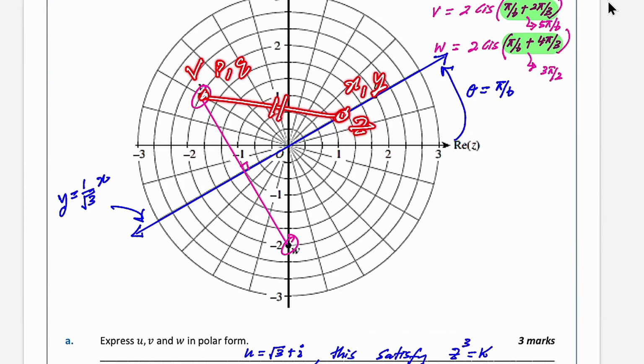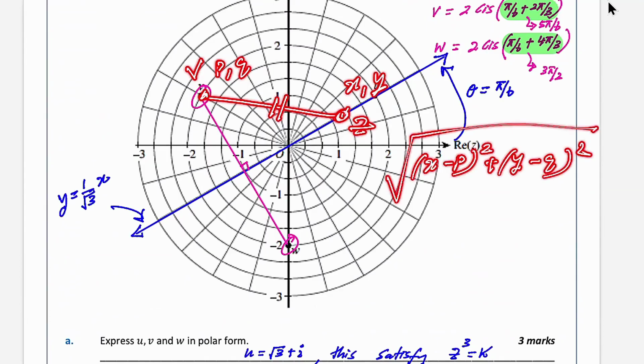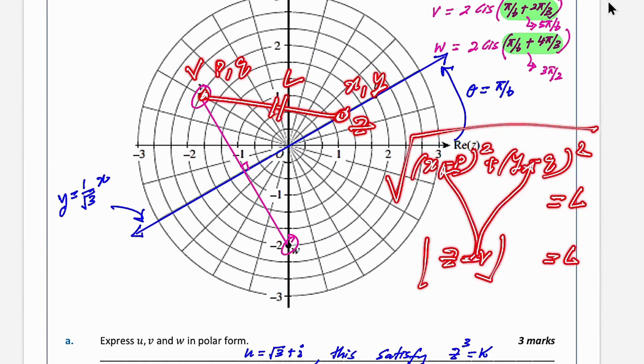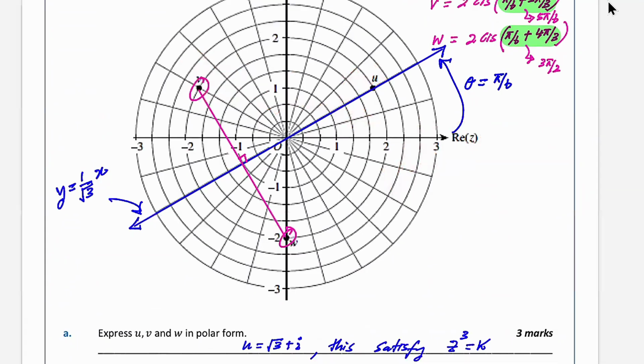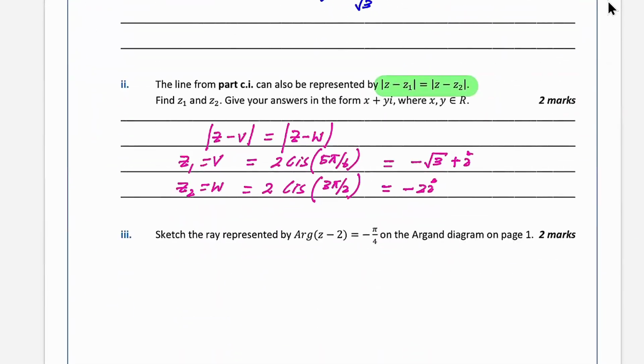So basically what I'm saying is the square root of X minus P squared plus Y minus Q squared, and that is equal to that distance, L. So this L, in a different notation, is mod Z minus V. This minus corresponds to the minusing you are looking at here. So it is minus.